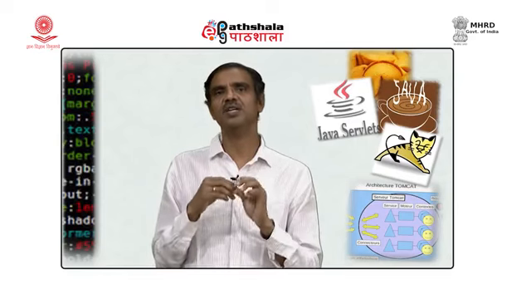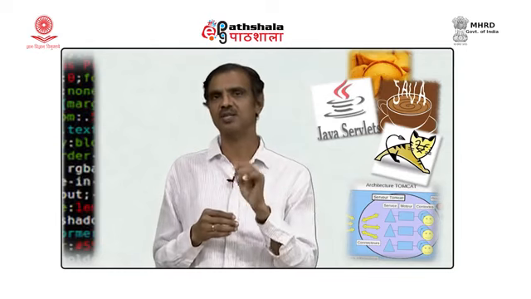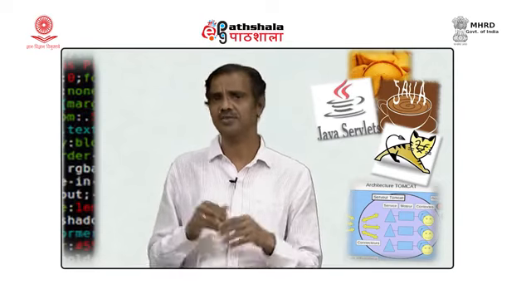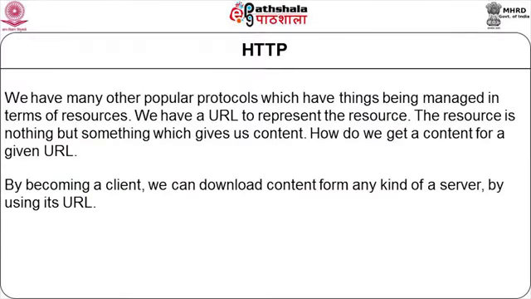Then module number 11 is about what is there in the Java APIs, how anyone can be a client to an HTTP server. Module 11 is about an HTTP client application. There are other very popular protocols also, which have the concept of a resource.